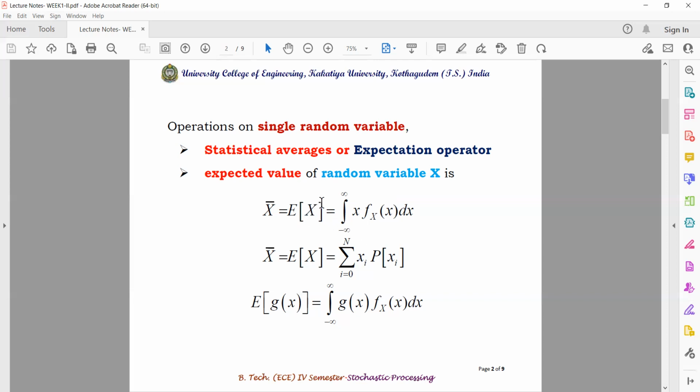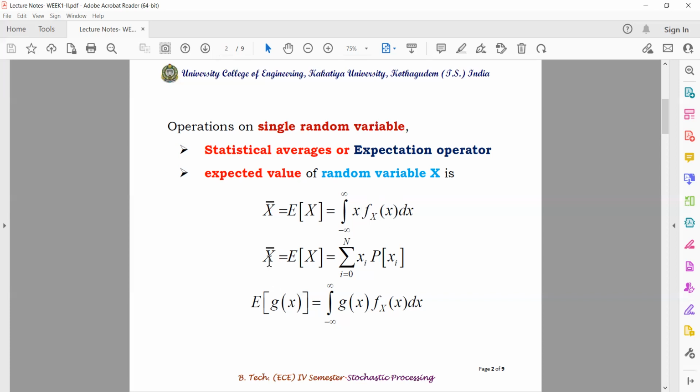In the brackets of the expectation operator, we have x, so a small x will be considered. So x bar is equal to expectation of x is equal to the integral from minus infinity to plus infinity of x f_X(x) dx. Whatever is there in the brackets of the expectation operator will be copied down here in the integration, multiplied with its probability density function.